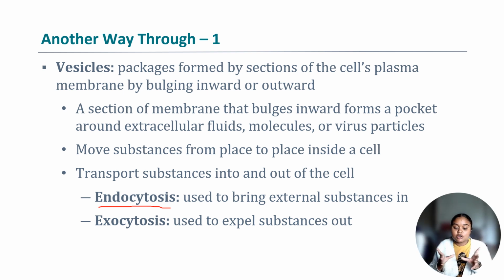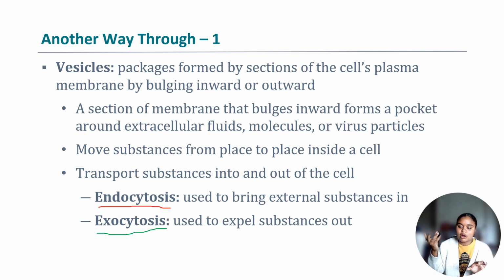Now, exocytosis is the exact opposite. Exocytosis expels or causes stuff to leave the cell. A good example of this is your lysosomes, which we're going to get into with all the organelles in a minute, but lysosomes will break down certain material. I think of lysosomes as your trash compactor, and then the vesicles are your trash bags.